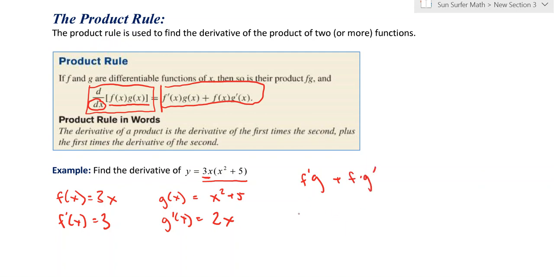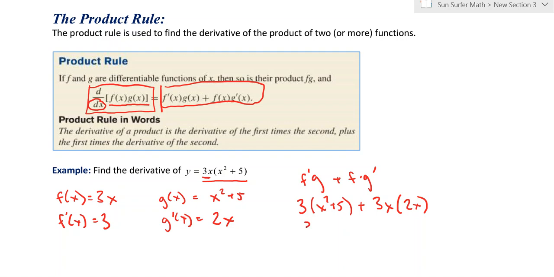So f prime is 3 times g, which is x squared plus 5, plus f, which is 3x, times g prime, which is 2x. And there is the derivative unsimplified. As always, we want to simplify this.